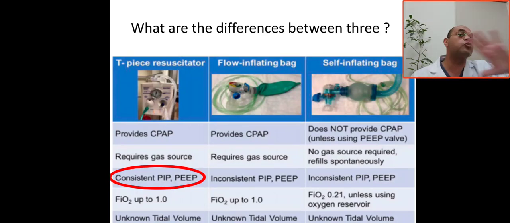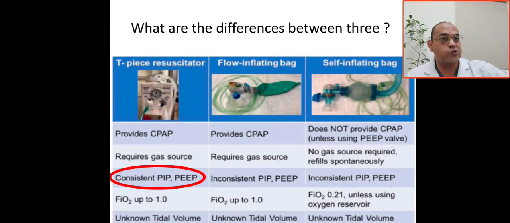All will give inconsistent, uncontrollable pressure except the TBs or the Neopuff, which will give me constant pressure. All will give me 100% oxygen except the self-inflating bag, unless you put the oxygen reservoir, whether open or closed, to give me more than 90% to 100%.